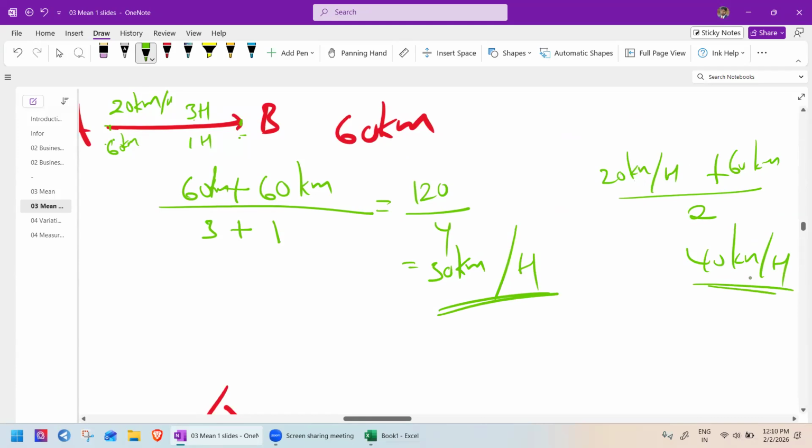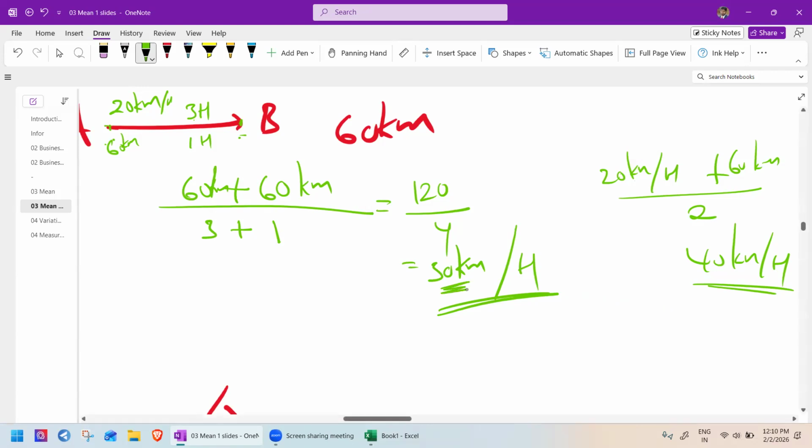Here, what is right, what is wrong? 30 or 40, which is the correct one? In science, what you studied?